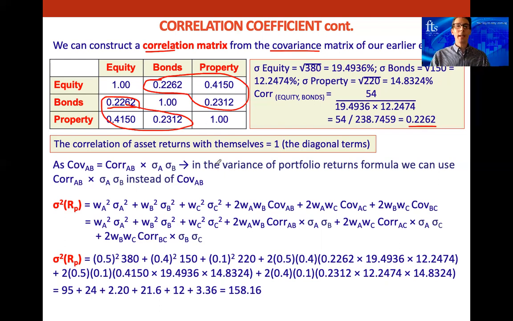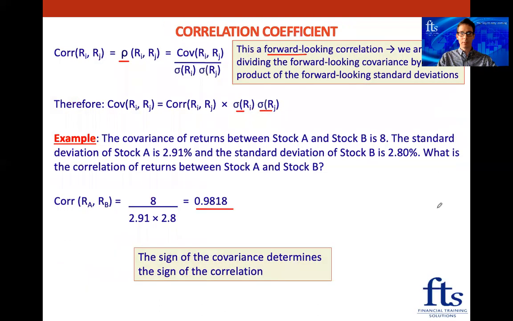Now, like we saw on the previous slide, the covariance is equal to the correlation between the two multiplied by the product of the standard deviations. In the variance of portfolio returns formula, we can use that instead of using covariance. This line I'm drawing the pen through here is what we saw when we did this example over there.